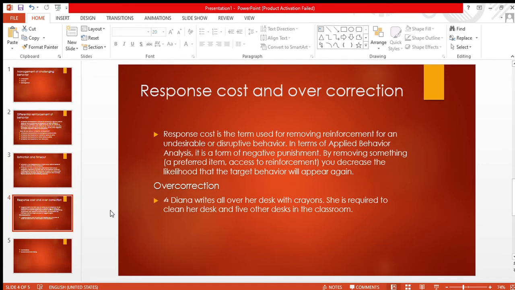Next, response cost and overcorrection. What is response cost? Here we are costing something. Whenever we get a response towards what we are expecting, they will get a reinforcement. If the child gives a proper response, then they get reinforcement. If we are not getting the response we are expecting, then we will not reinforce that activity.